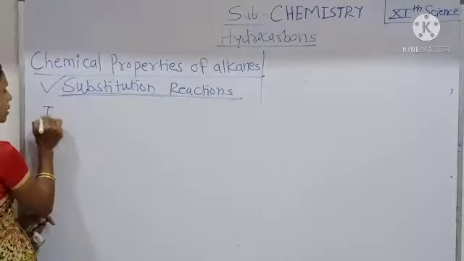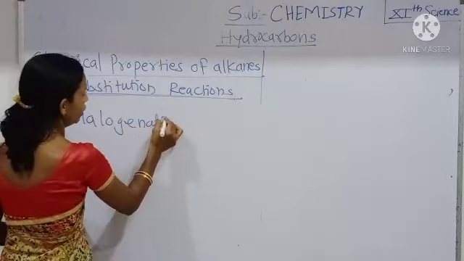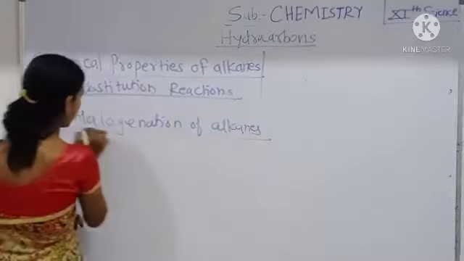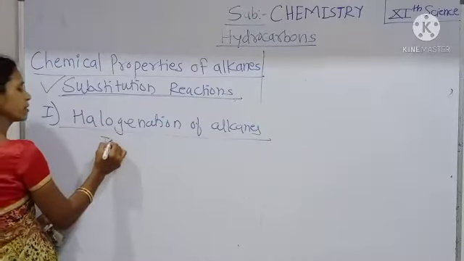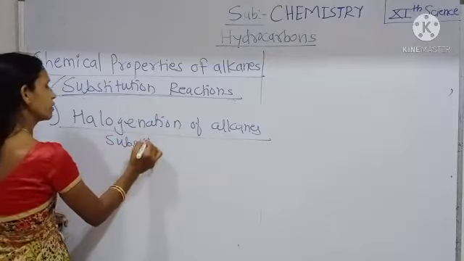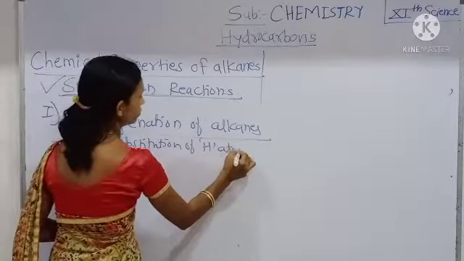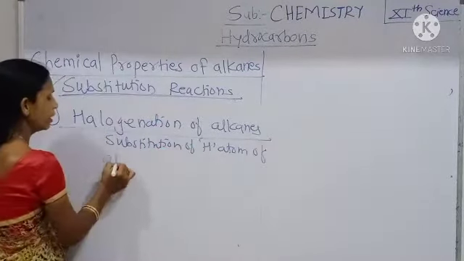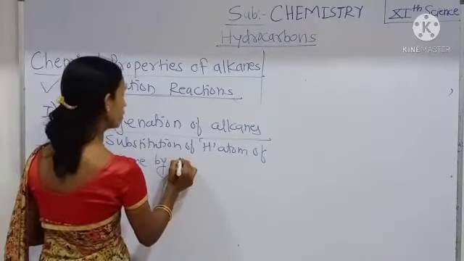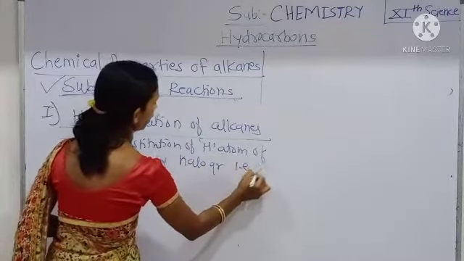First of all, halogenation of alkanes. Halogenation is the substitution of a hydrogen atom of an alkane by a halo group, that is an X group.